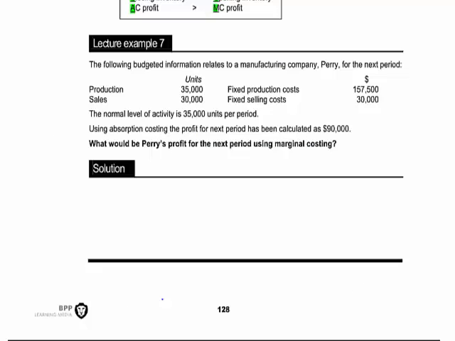So the difference then in profits in lecture example 7 is going to be important because we're given the absorption costing profit of 90,000 and we have to work out what the profit would be using marginal costing.